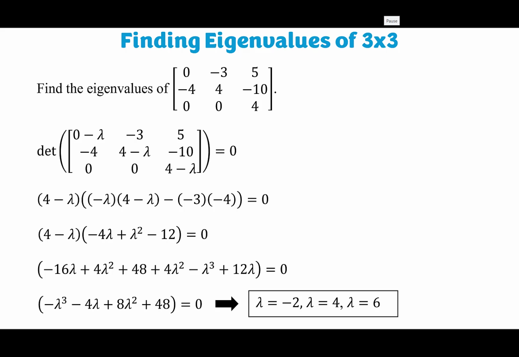So those are the eigenvalues corresponding to that 3 by 3 matrix. And you'll notice this pattern that if you have an n by n matrix, then you'll have at most n eigenvalues. It's because you end up solving a polynomial of degree n. That's what the determinant of A minus lambda I gives you, a polynomial of degree n.